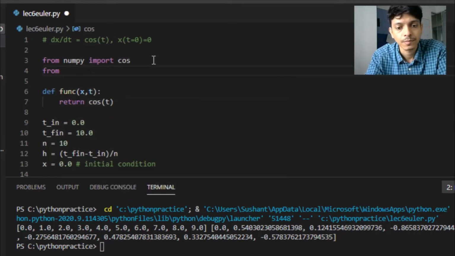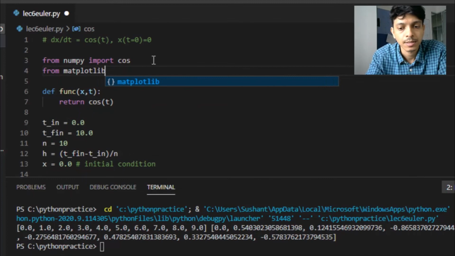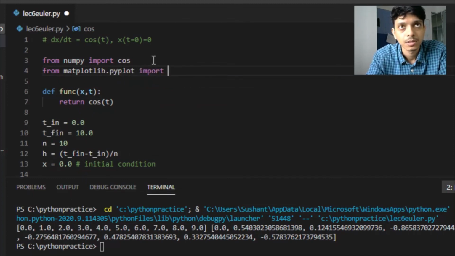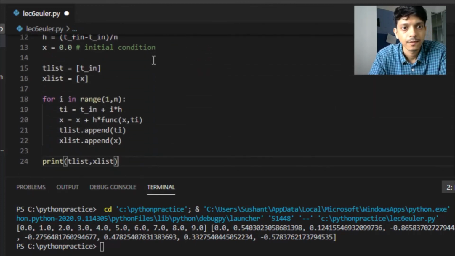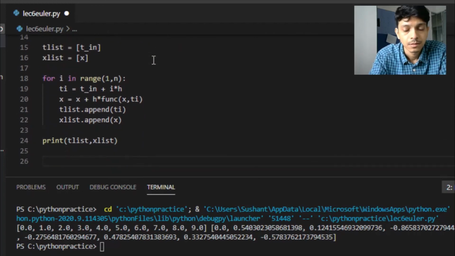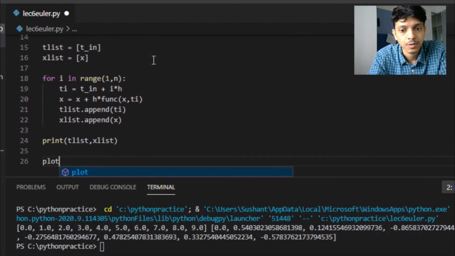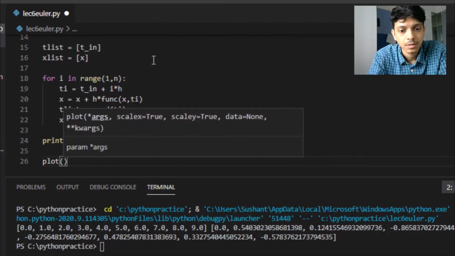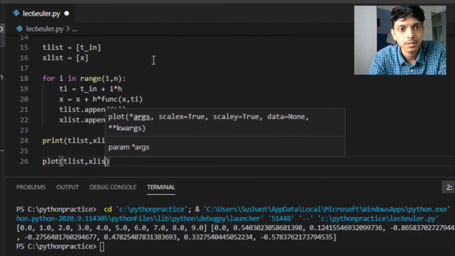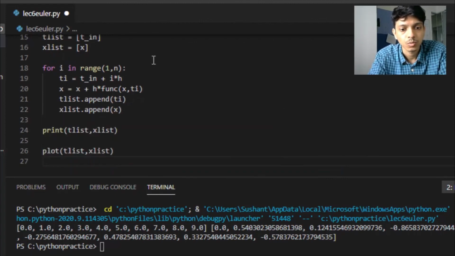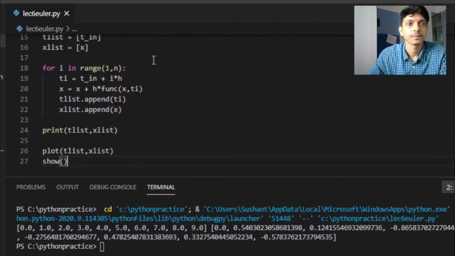So from matplotlib.pyplot, I need plot and I need show. So I'll say plot the t list and x list, and show.